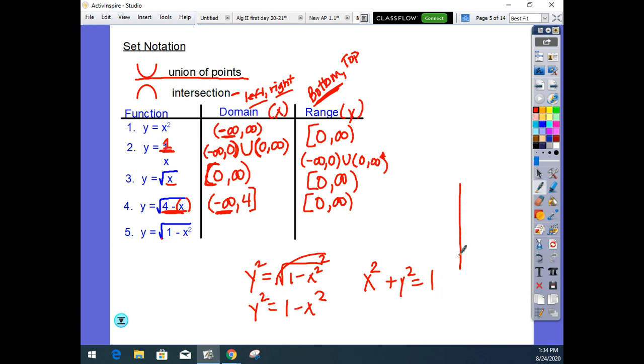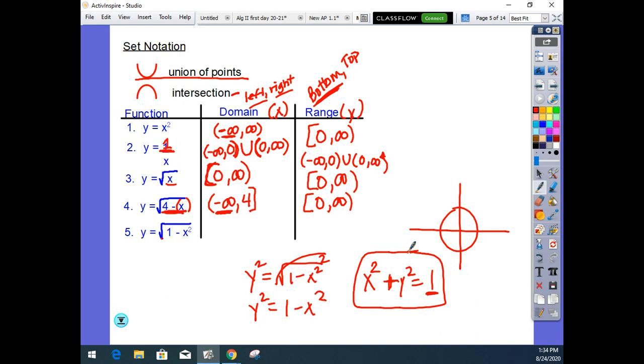Now, hopefully you would remember when x and y are both squared with a plus, this is a circle, this is r squared, so radius is 1. This full equation is a circle.